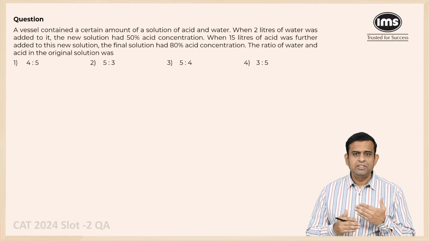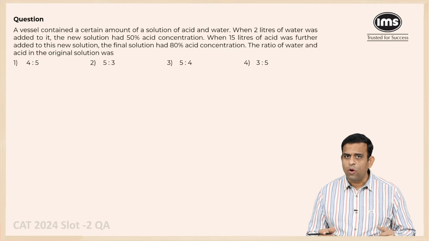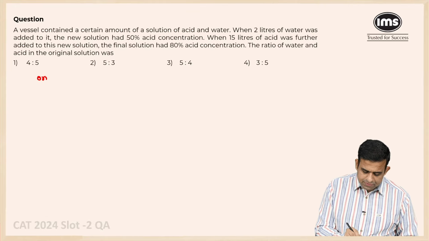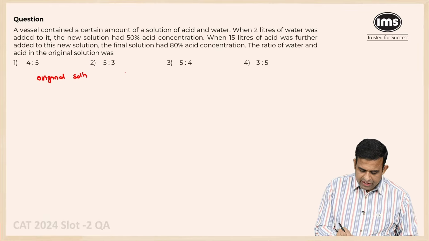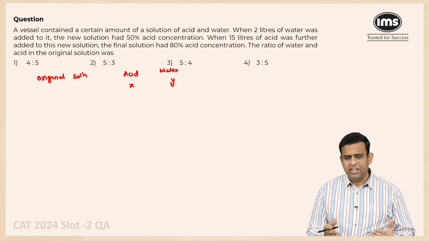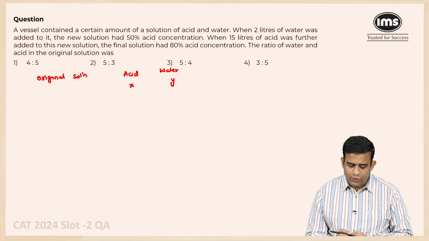So in this particular case, again we can think of taking a slightly longer route as well. Suppose I take the original solution, and suppose acid was X and let's say water was Y. It's a slightly longer method, with the help of variables X and Y over here.